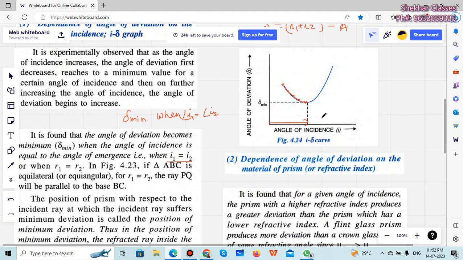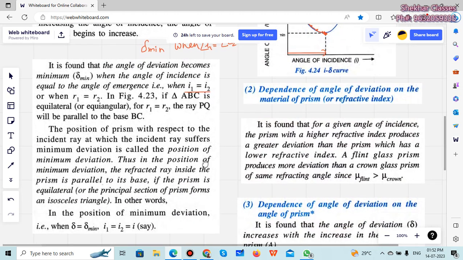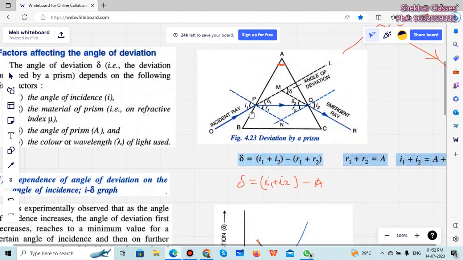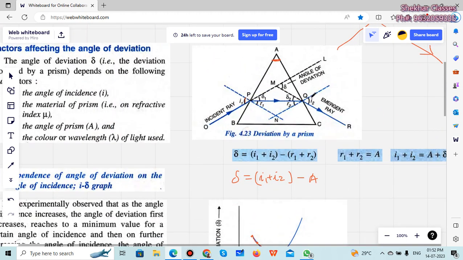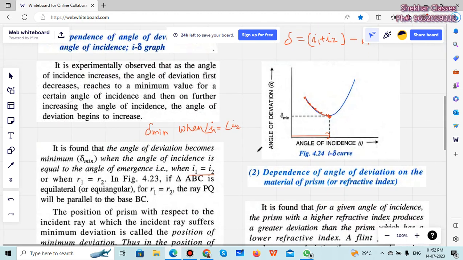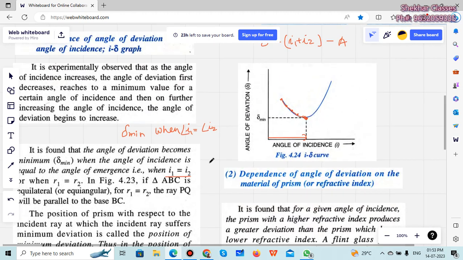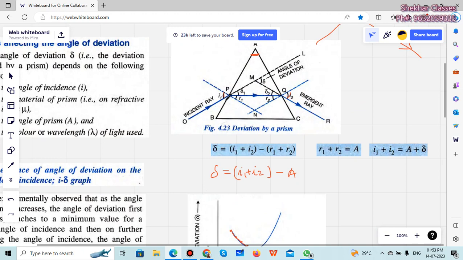I mentioned that this is the position of minimum deviation, and it will be at a particular angle. Remember that the angle of incidence in that case will be the same as the angle of emergence. Thus, in the position of minimum deviation, the refracted ray inside the prism is parallel to its base. Two things to be noted: the angle of incidence is equal to the angle of emergence here, so this ray will become parallel to the base.